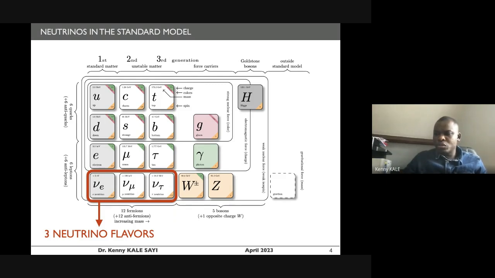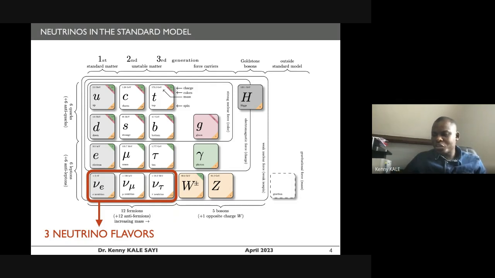Brout, Englert, and Higgs suggested the existence of a field that we call the Higgs field, and demonstrated it mathematically. It's not just that you say something; in physics, you have to show why the equation works with this.